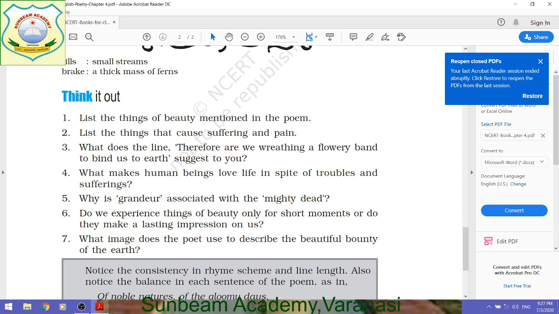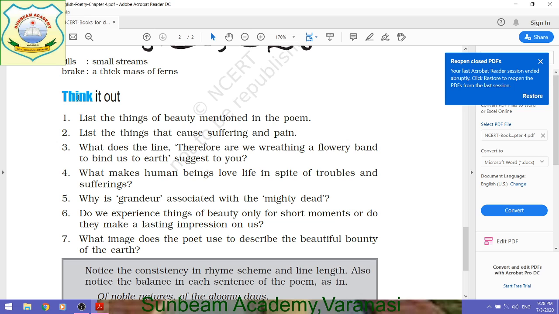Like the poet has given some examples of those, and you can underline in your poem the sun, the moon, trees, old and young, and daffodils, flowers are all things of beauty. So are small streams, clear water, moss of ferns, and the blooming musk rose. They are also the constant source of joy and pleasure. So you can mention in 30 to 40 words in your own words only.